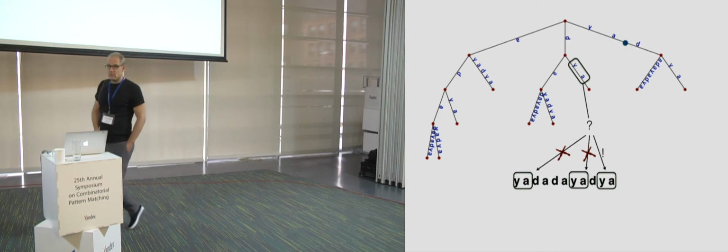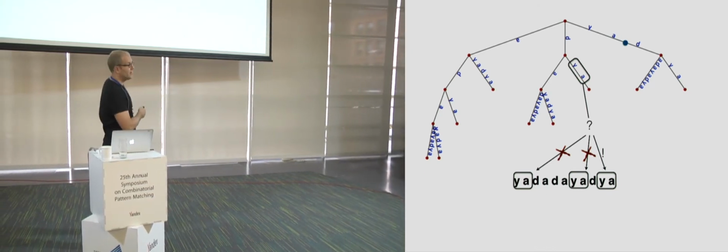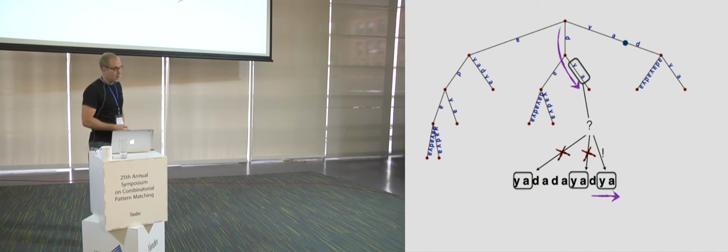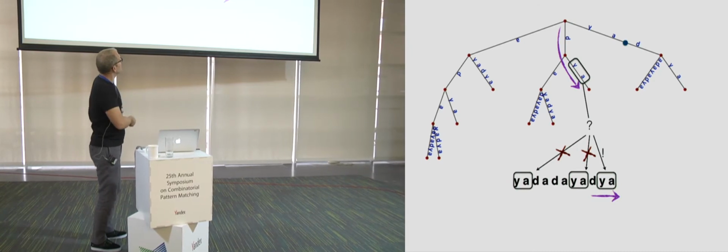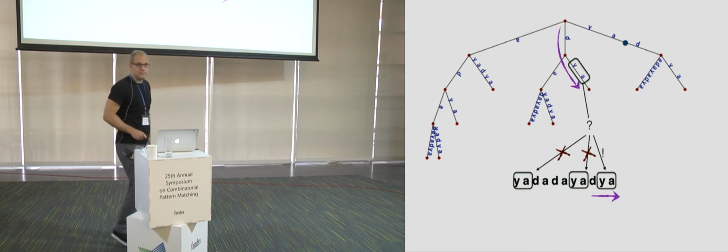And that's because we don't only use the pointers from the labels to the string for finding the labels. We also use them for finding the position in the string of the pattern. So in this case, we want to find the pattern DYA corresponding to this point. And then we have to use this one, because this is not DYA, this is AYA, and this is not DYA either.